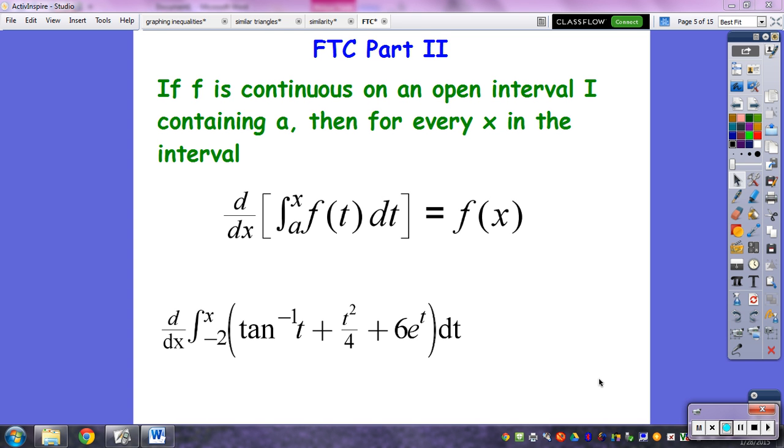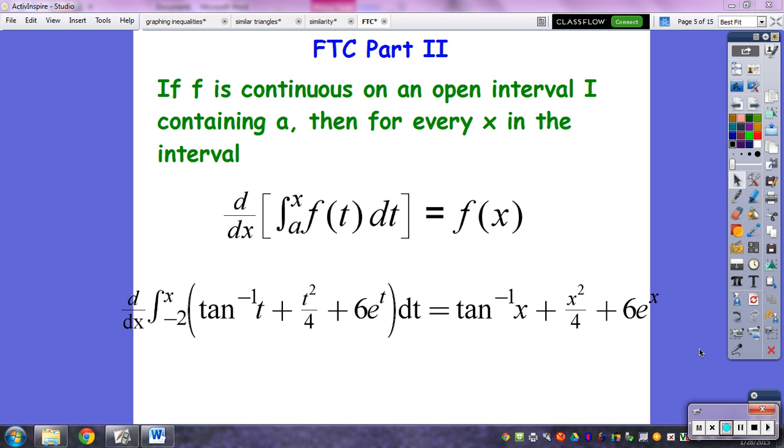So my answer would be inverse tangent of x plus x squared over 4 plus 6 times e to the x. Because the derivative and integral canceled each other out, and I just take my upper limit of integration and place it in for the independent variable. And so it's as simple as that.